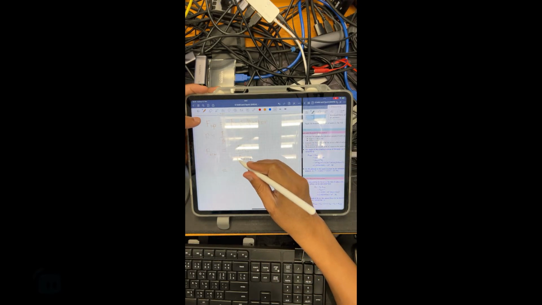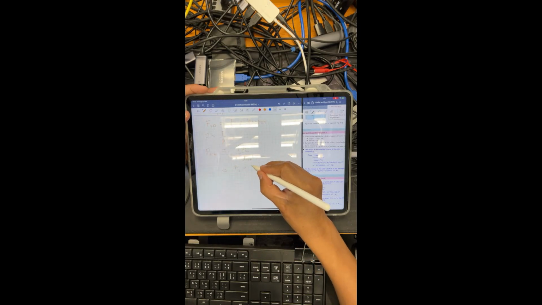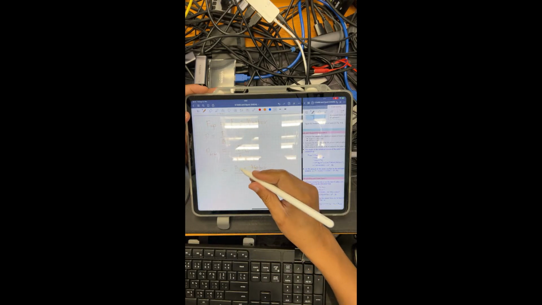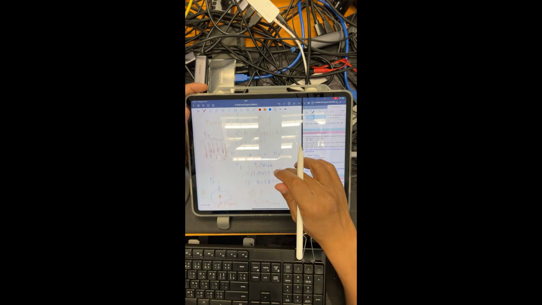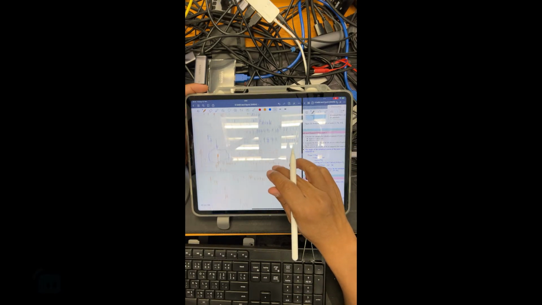F up is F perpendicular plus W of water, divided by the area, which is pi r squared, right? Okay, we're going to substitute everything, and the first quantity is 1.23, the nice number.